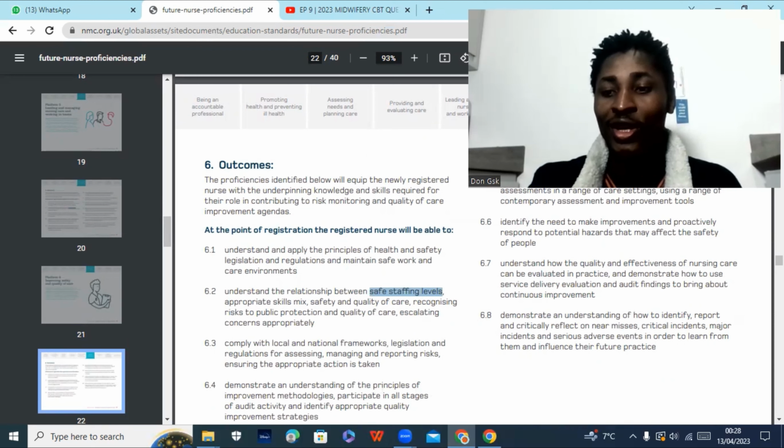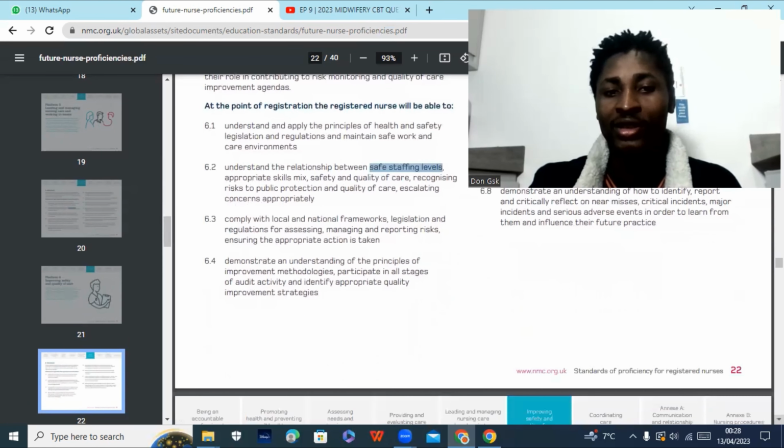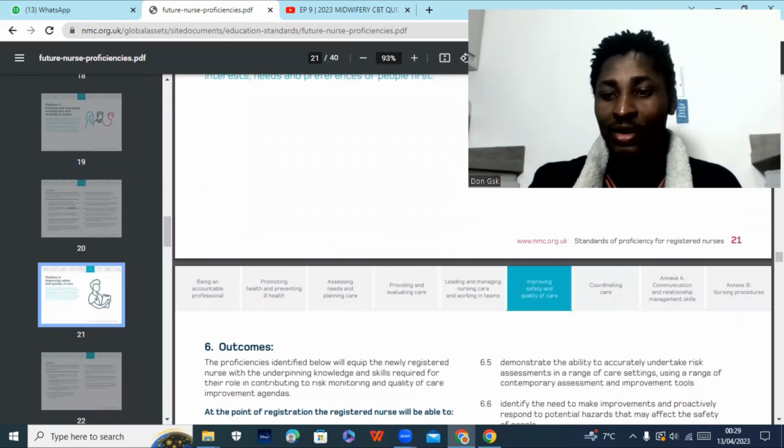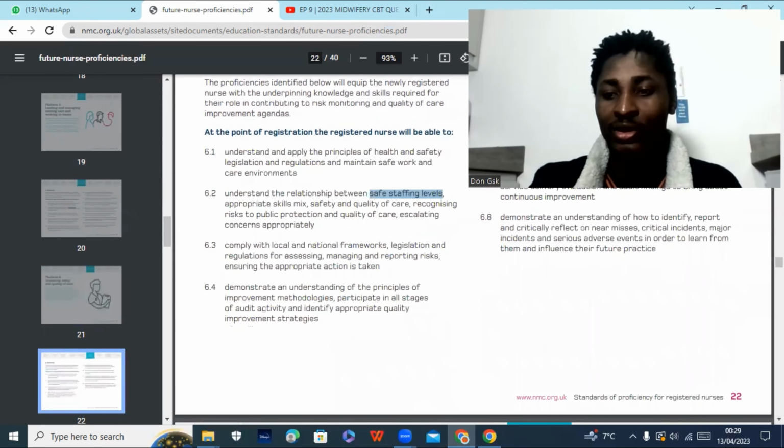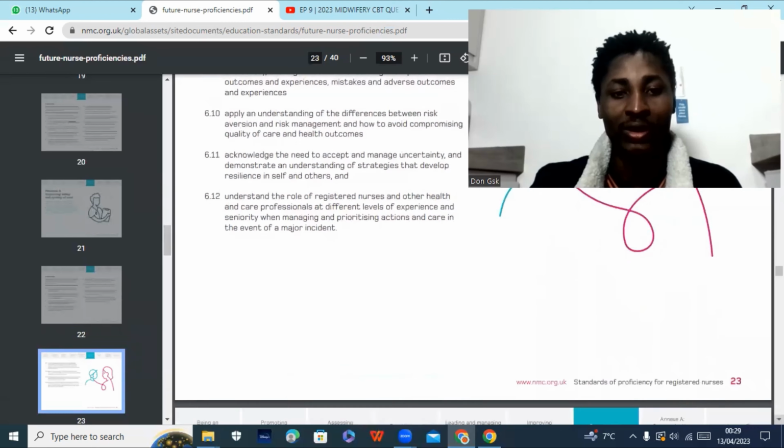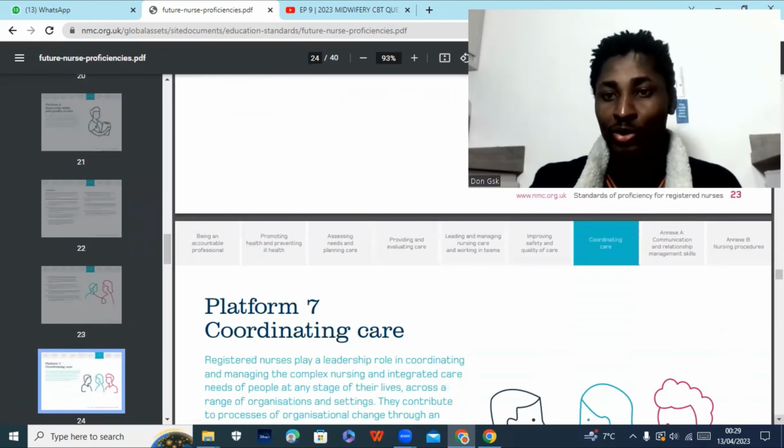So if you know all these things, there's no way you fail the test, to be honest. Nursing in the UK is quite amazing because you have to know more, think a lot, read more. I know it's a lot, but this is where you want to practice.